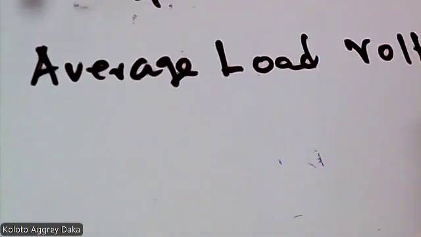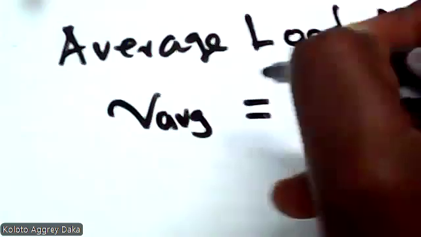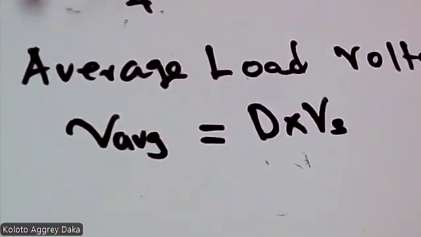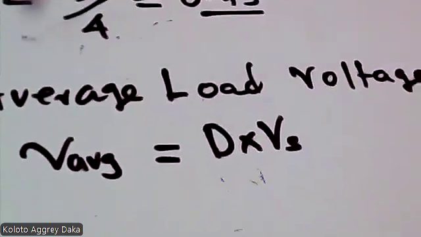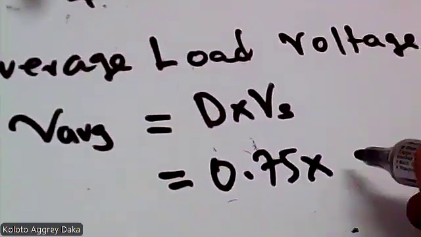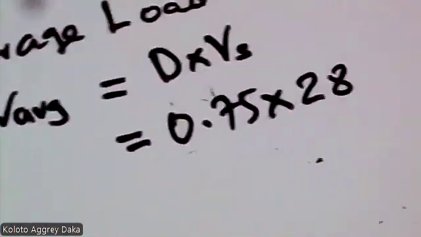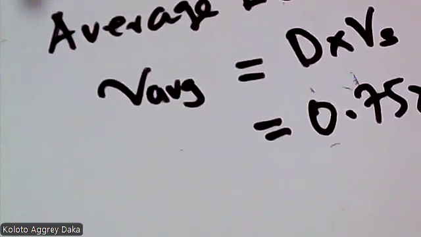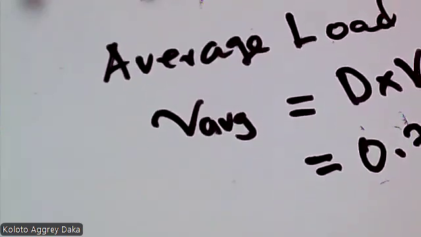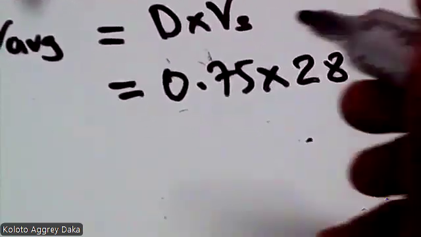V average is always equal to D multiplied by Vs. That's the importance of finding D. So this will be 0.75 multiplied by Vs, which was given as 28 volts. What do you get? 21 volts. Excellent.